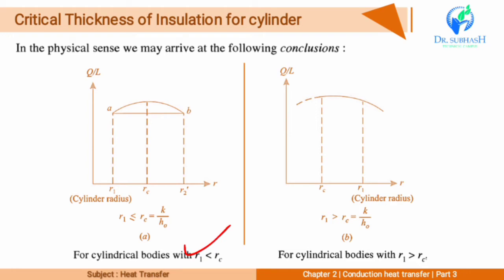While in the second case, for the cylinder bodies with R1 greater than Rc, the heat transfer decreases by adding insulation as shown in figure B. This happens when R1 is large and Rc is small.